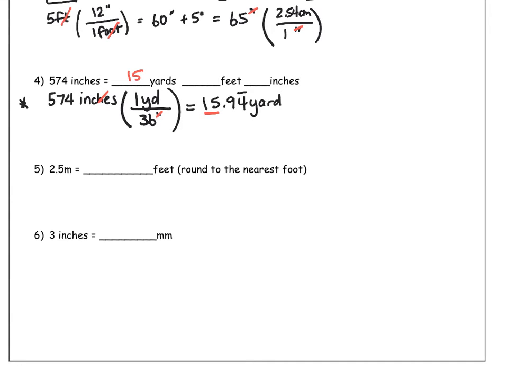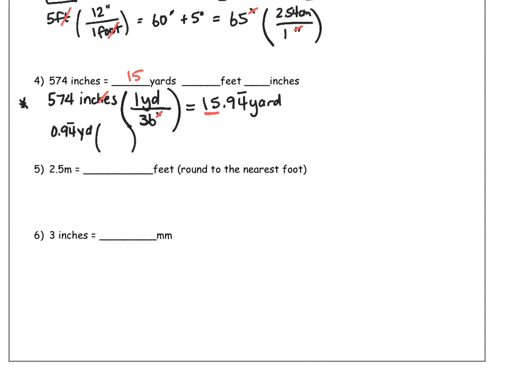So what you're going to do is take that decimal piece. So you want to keep all of those numbers in your calculator. So the easiest way to do that is leave it in there and subtract the 15 off. If you subtract 15 from 15.94 repeating, you're left with just the 0.94 repeating. So that becomes kind of step 2 of your question, 0.94 yards.